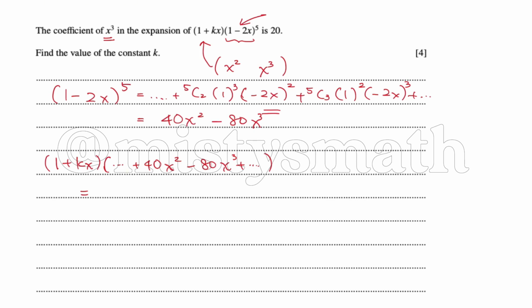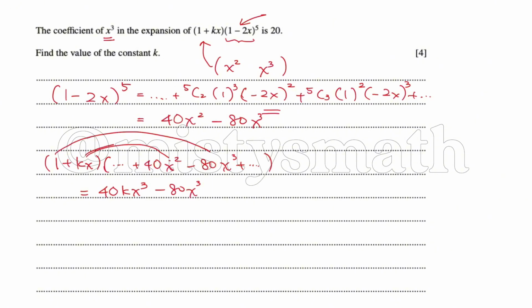So kx times 40x squared would be 40kx cubed. And I don't want to multiply kx with negative 80x cubed because that gives x to the power of 4. So I'll just take minus 80x cubed. Now I've got everything in terms of x cubed that I need.